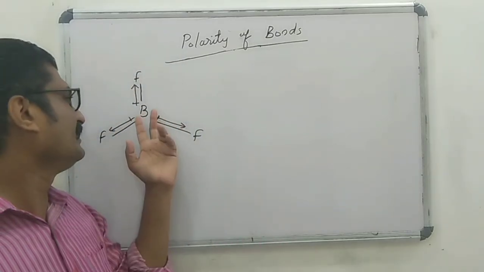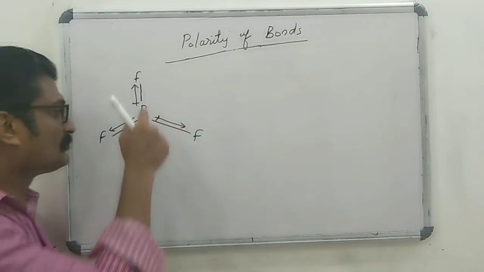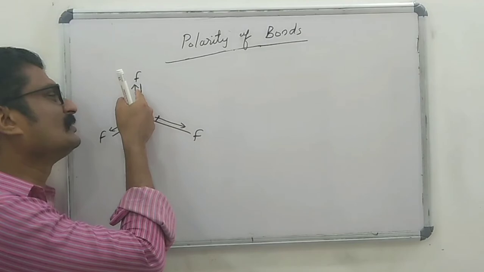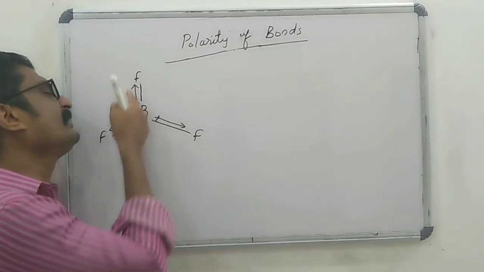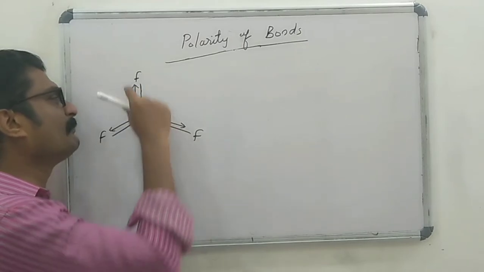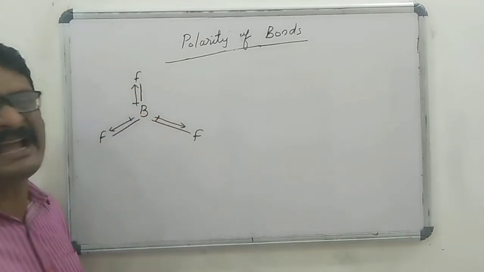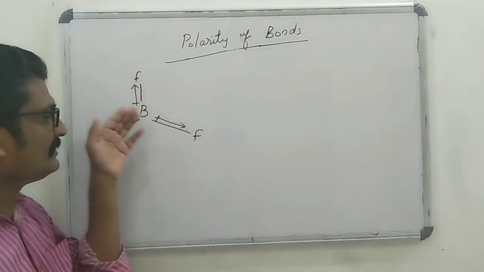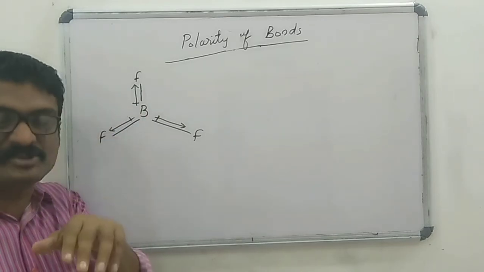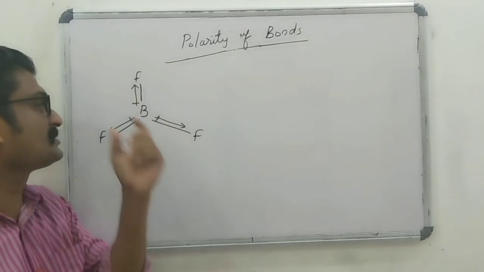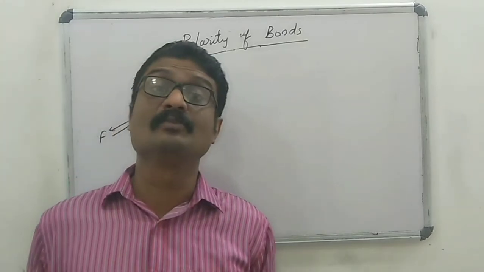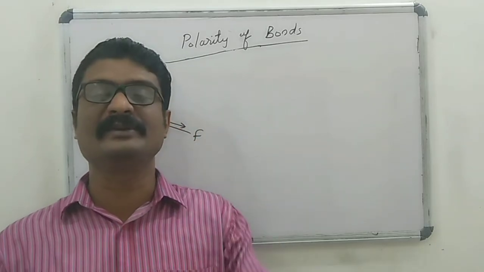That means the bond moment in BF3 is the resultant of the bond moments of the 3 B-F bonds. That means the 3 B-F bond moments, add ചെയ്തു കഴിഞ്ഞാൽ നിങ്ങൾക്ക് എന്ത് കിട്ടും? Yes, add ചെയ്തു കഴിഞ്ഞാൽ that is called resultant bond moment. That resultant bond moment is the bond moment of BF3.